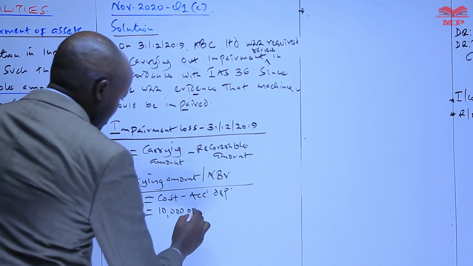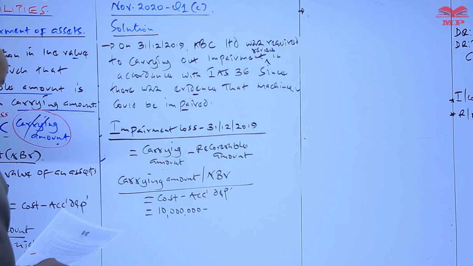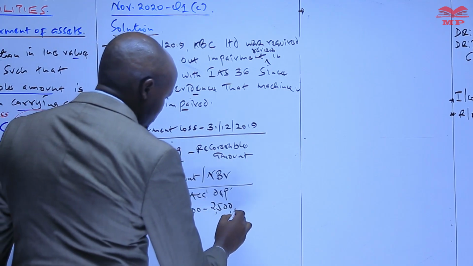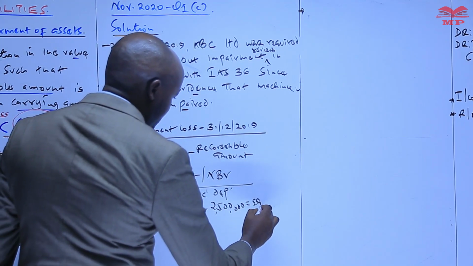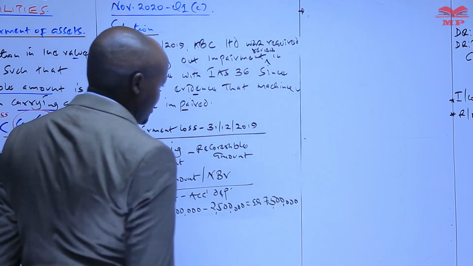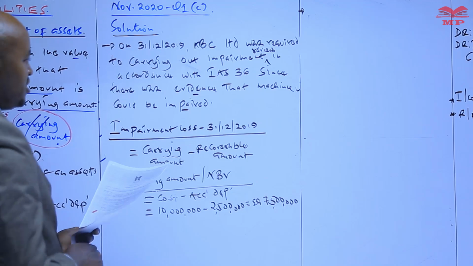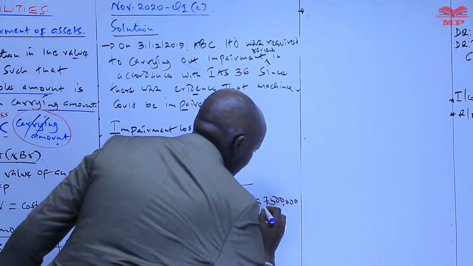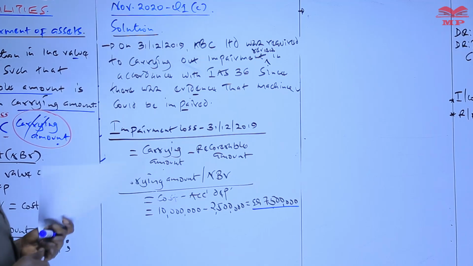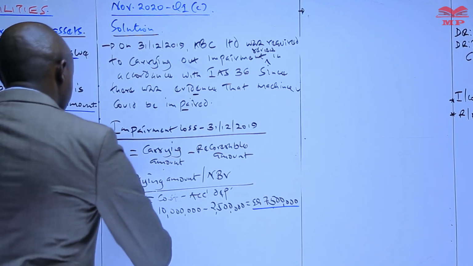The accumulated depreciation was 2.5 million. So the carrying amount, the net book value of this machine at the end of 2019, was 7.5 million. So we already have that carrying amount.